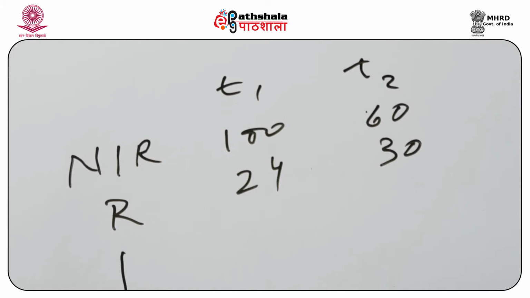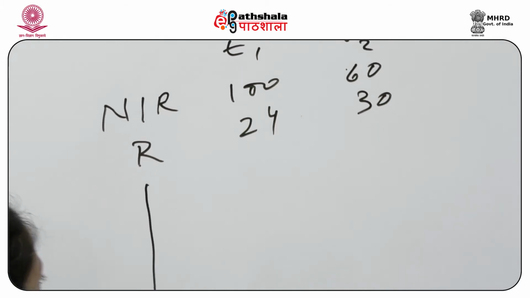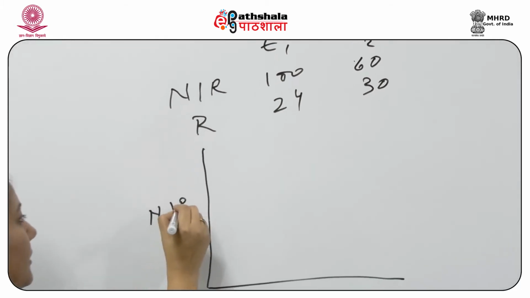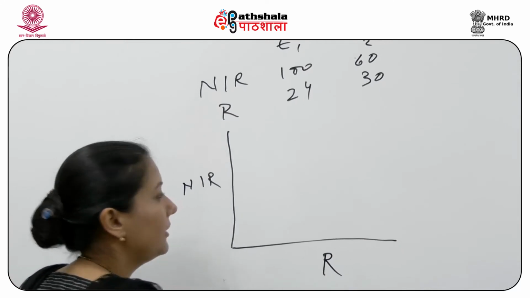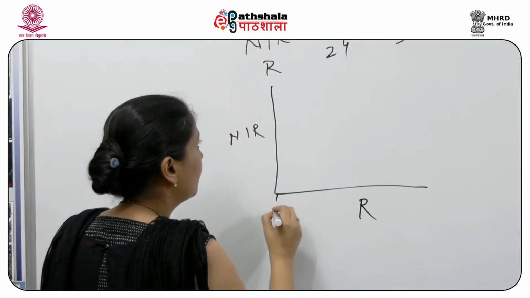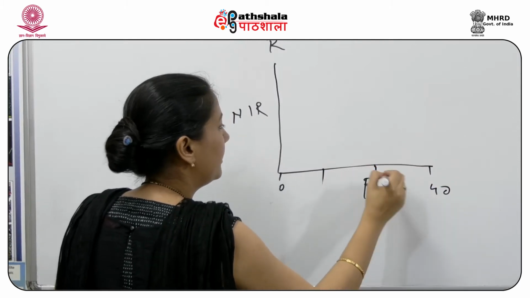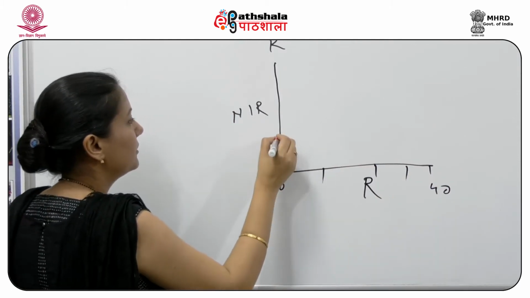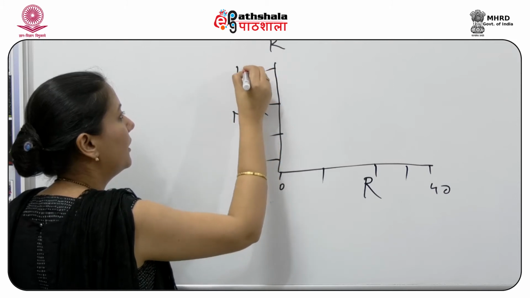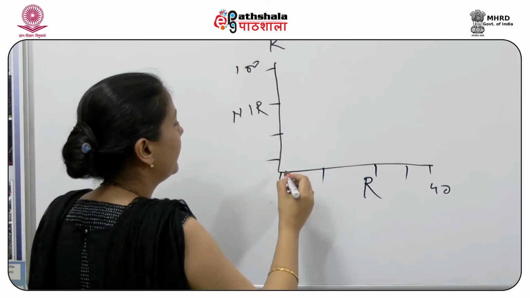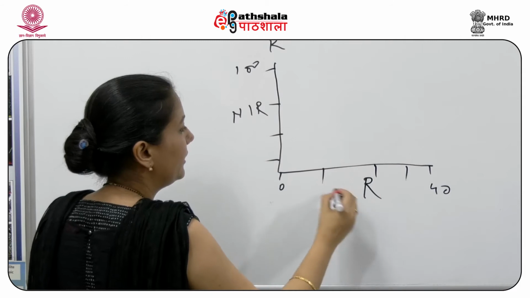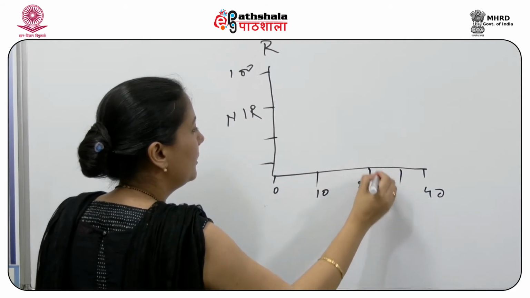Now in feature space, if we want to plot these, we have NIR here and red here, and we have 2 points. So red is representing from 0 to 40, suppose 10, 20, 30, and this is suppose 100 here. So you have 100 here and 24 would be around somewhere here.